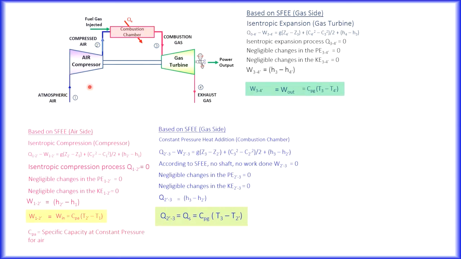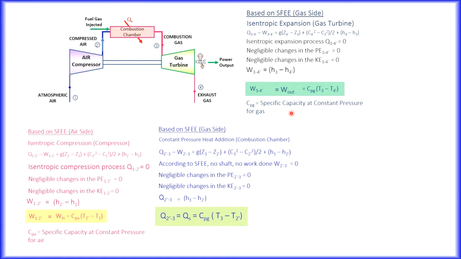For an open unit, usually we consider the A side and the gas side. For the gas side, all the gamma that we use, the adiabatic index, should also refer to the gas. Only for A, gamma A is 1.4. Gamma for G will be stated.